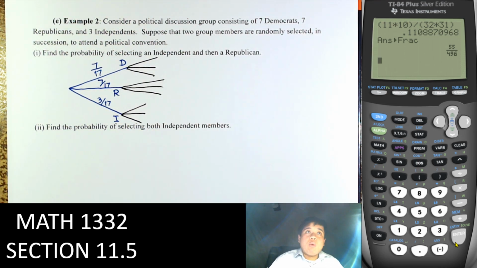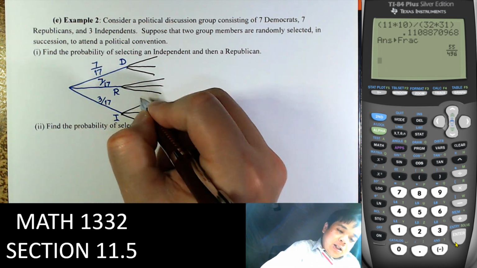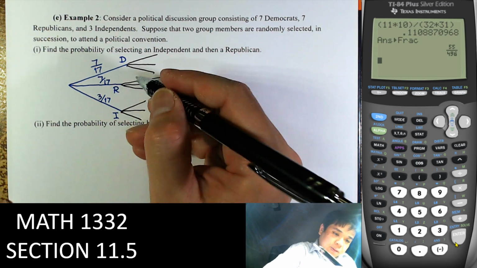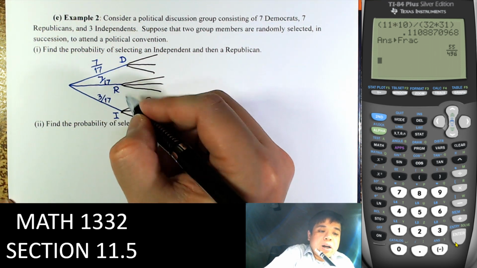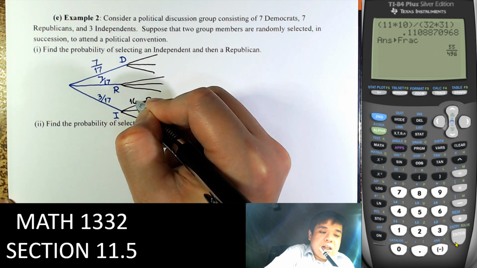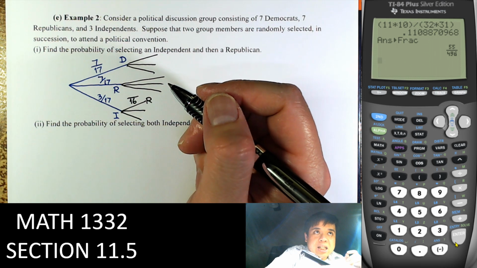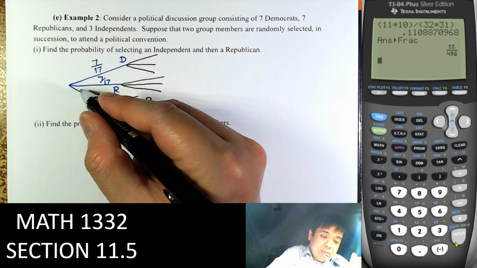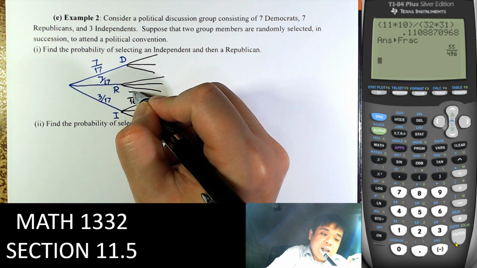Right. Now what interests us? Well, we want the first one Independent, but then the Republican. Now, if we select one of them first, there are going to be 16 left. If the first one selected is an Independent, one of those 3, that means there will be 7 Republicans left.